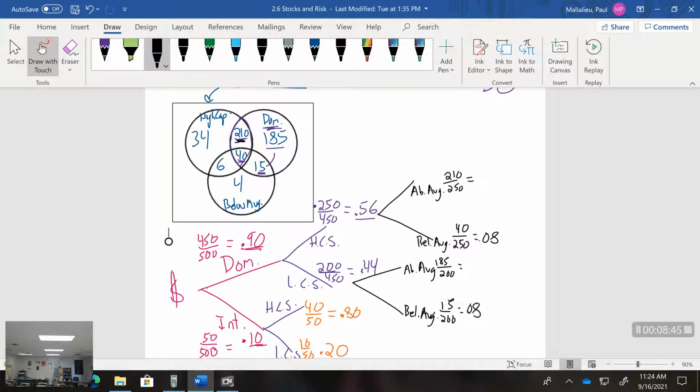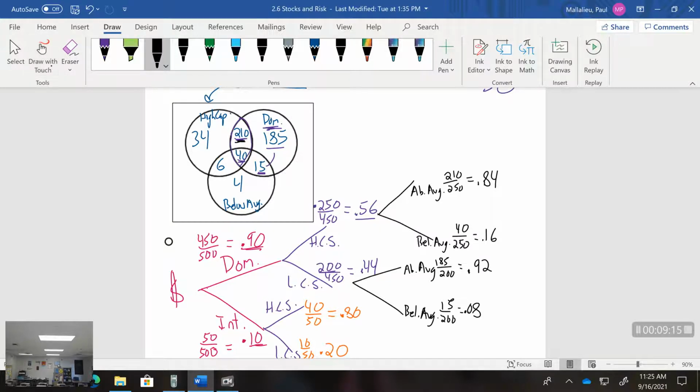This is 0.16, and in turn, it's out of 100%, so this would be 0.84 or 84%. And if this one's 0.08 for our domestic low cap stocks that are below average, then the low cap stocks that are above average or average would be 0.92.